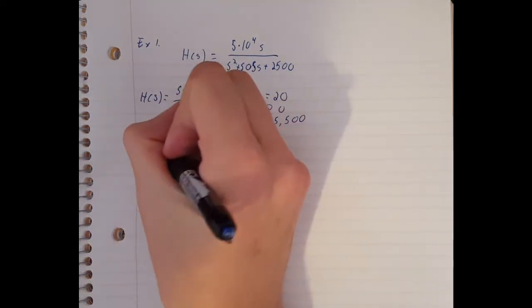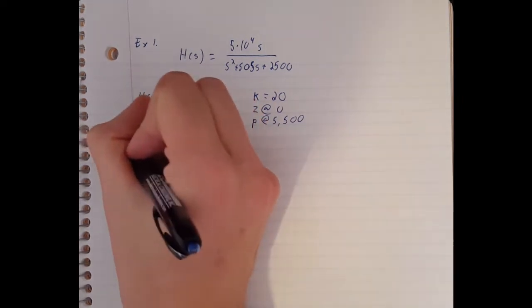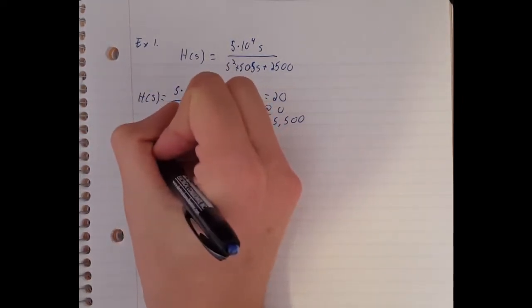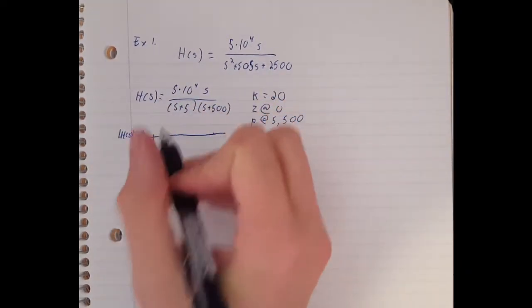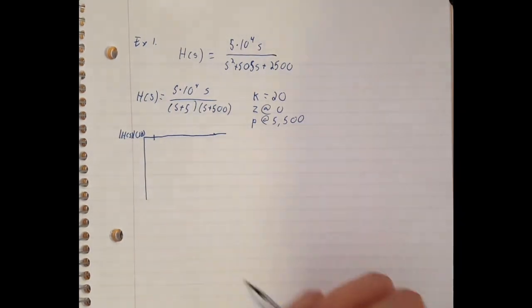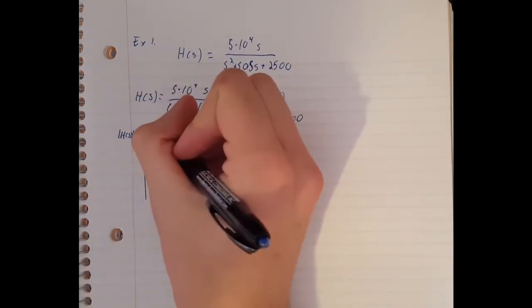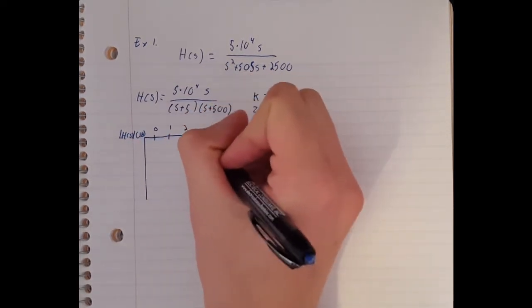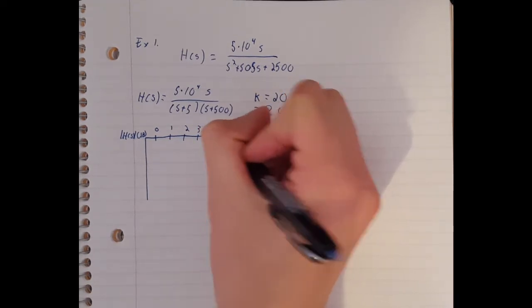So the Bode plot is going to have the magnitude of H of s on this axis. This is going to be in dB. And it's going to have the frequency on the x-axis. And I'm going to do the frequency in decades. So 0, 1, 2, 3, 4.